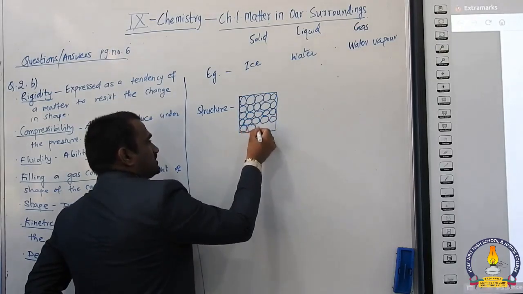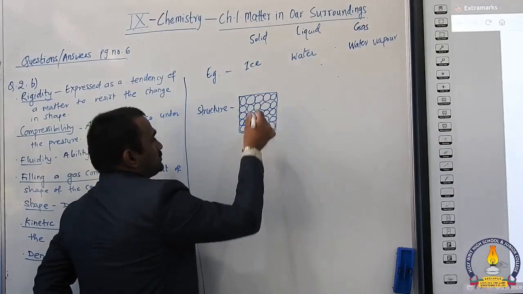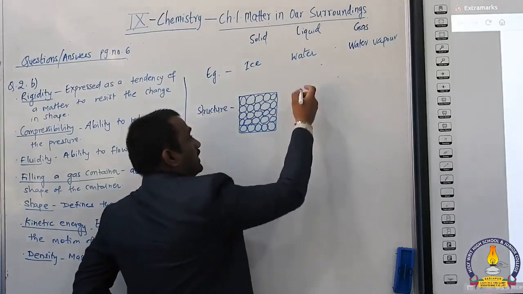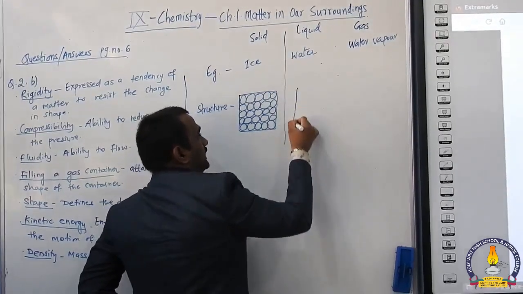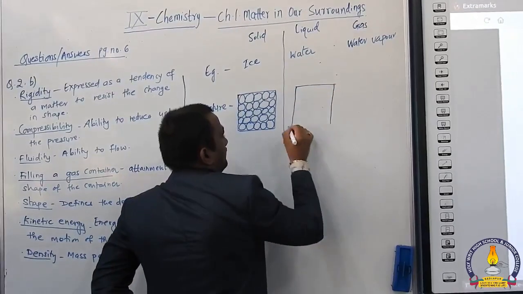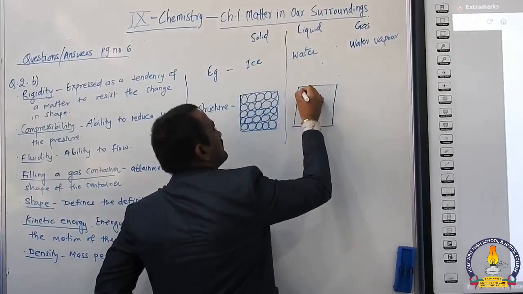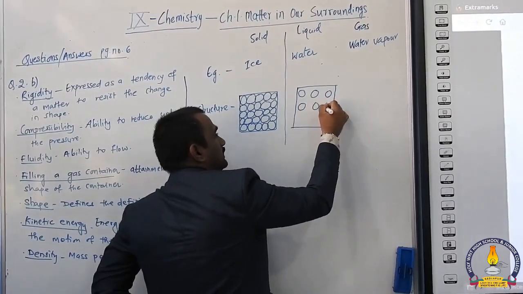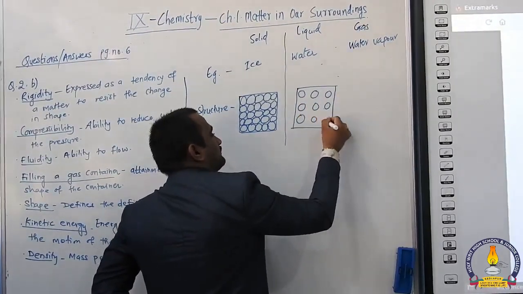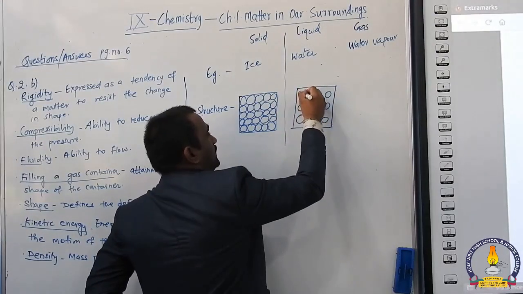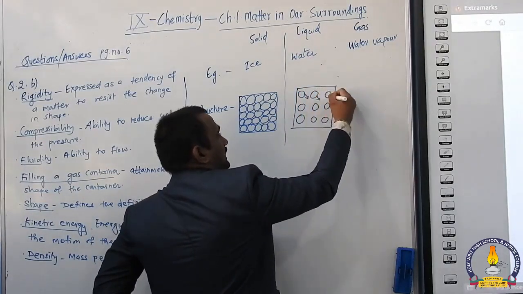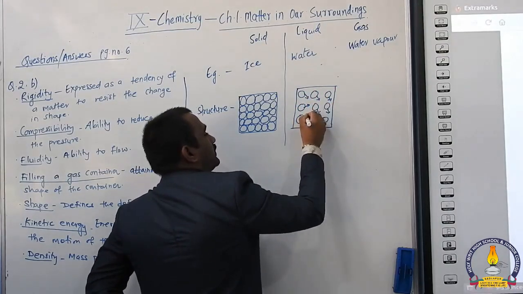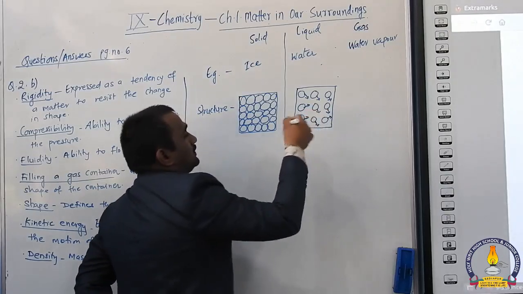There are very little spaces and there is no movement of the atoms in that state of matter. And in the liquid state we can draw the diagram like this. Few spaces will be there in the liquid state, and the atoms or particles of that state will move from one place to another.